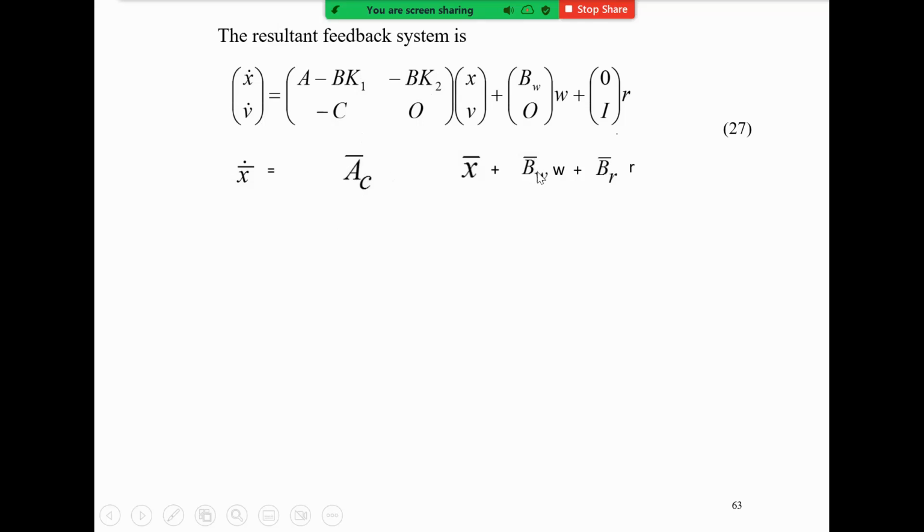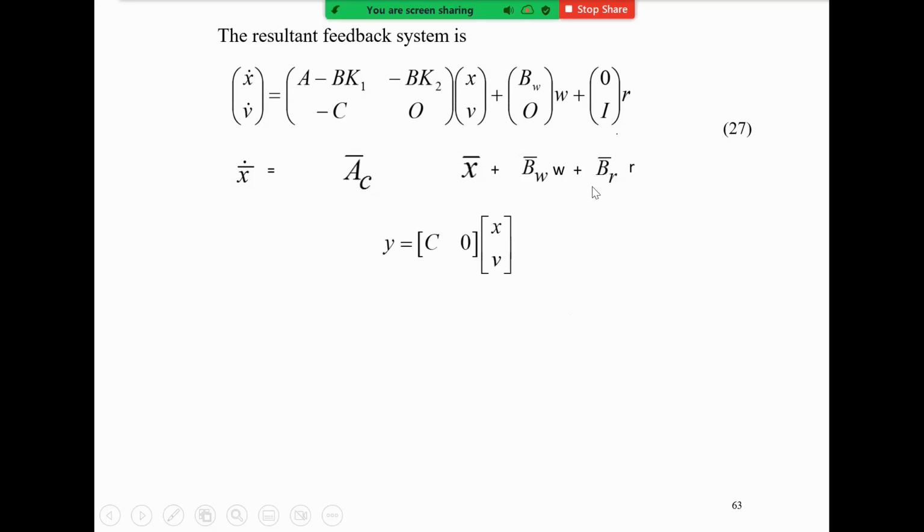I don't care about those terms related to the disturbance and the reference, but we know they are of step type. It's like there are some constant inputs affecting the stable system, because this one, A bar C, is a stable matrix by designing K1 and K2.